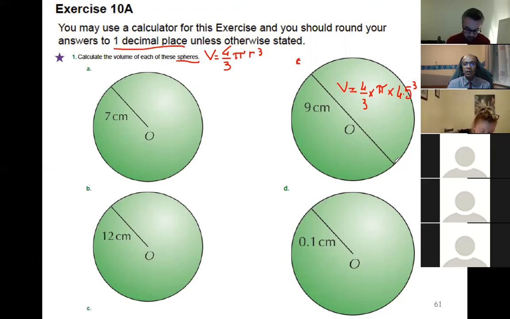So calculator out: 4/3, the fraction, shift pi, times 4.5 cubed, and our answer I get is 381.7, 1 decimal place.